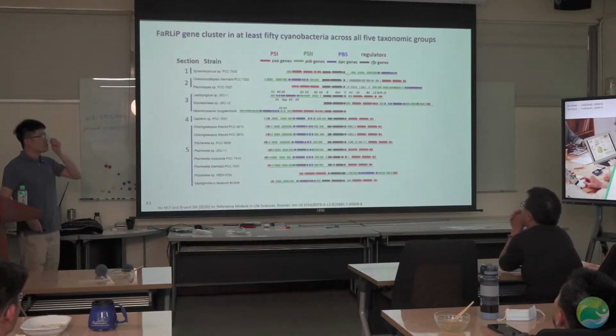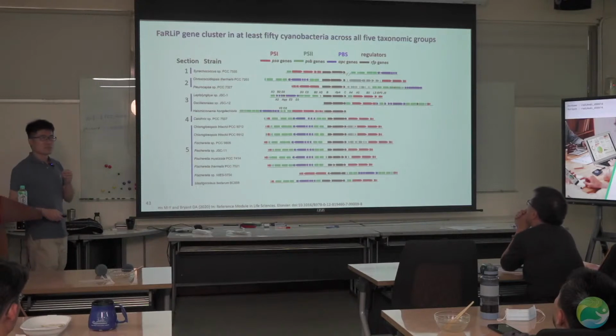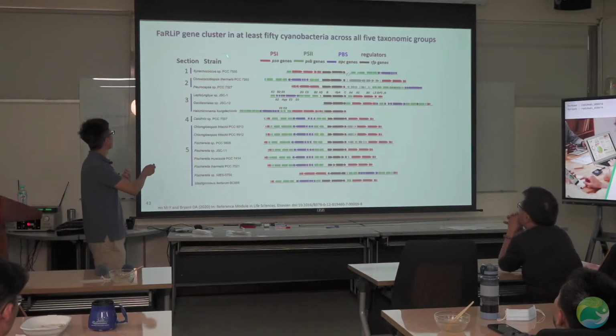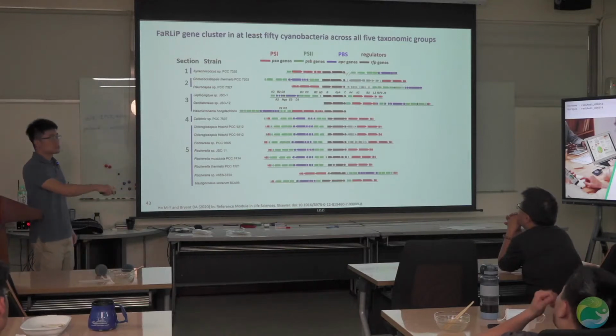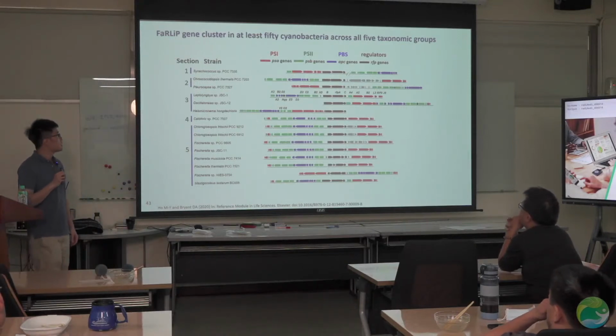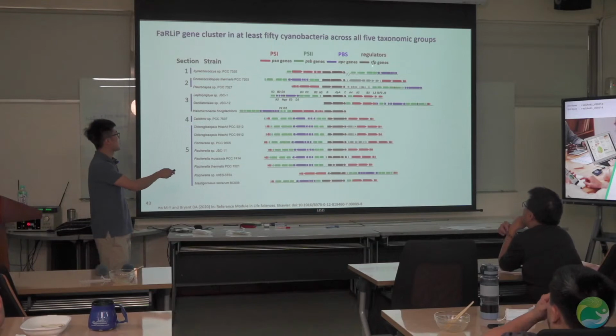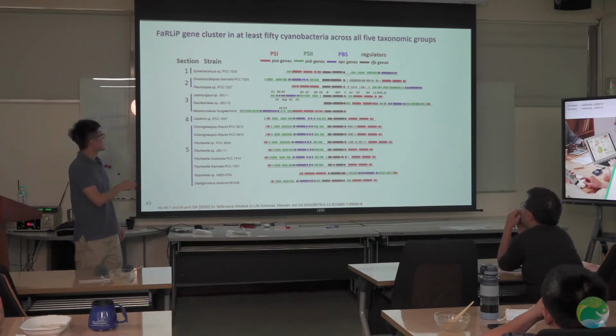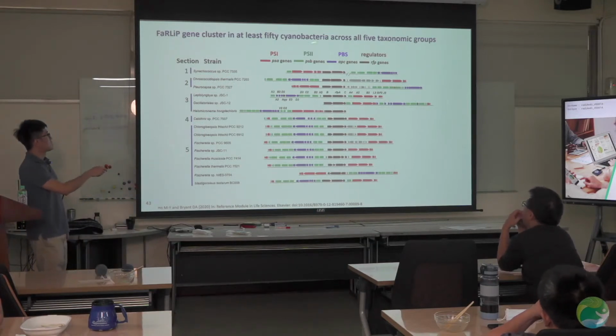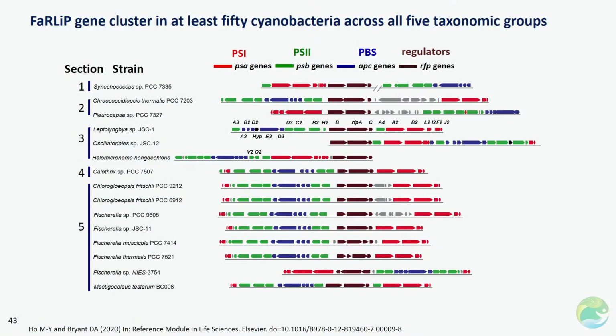These cyanobacteria can do that because they have a specialized gene cluster called the FaRLiP gene cluster. This cluster contains 20 genes, including the regulators, the Rfp genes, and the subunits of photosystem 1, 2, and the phycobilisome, to allow them to remodel these complexes to harvest far-red light.